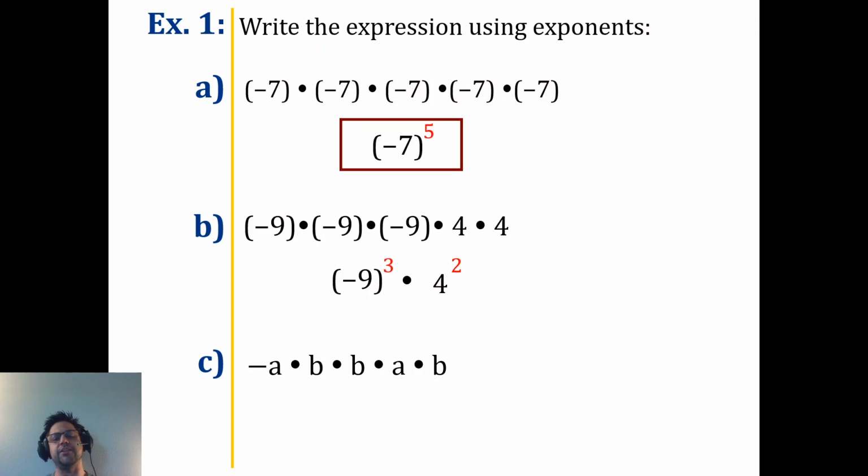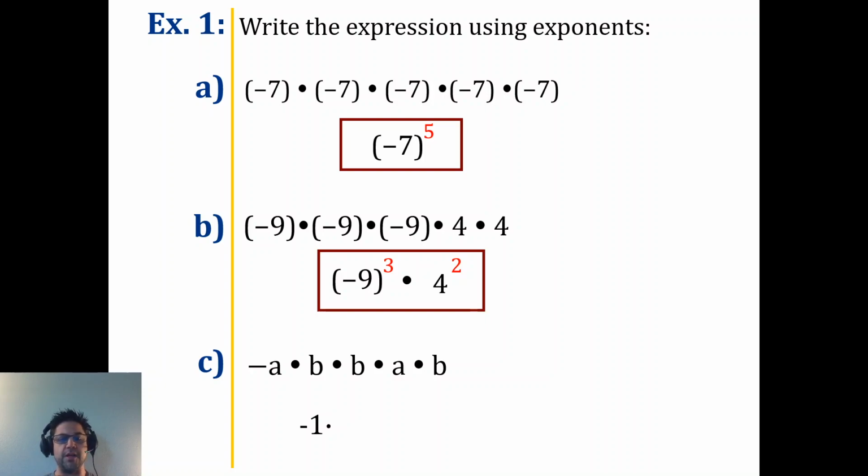Remember, you could also do the exact same thing with your variables. As we already discussed, there are no parentheses on example C, so that negative sign is really just thought of as a negative 1. Then, using alphabetical order, we go to our A first.